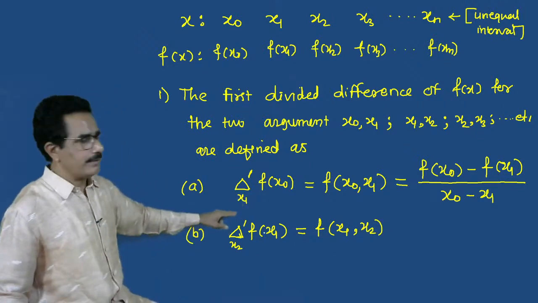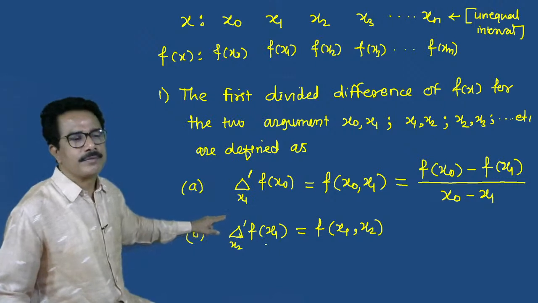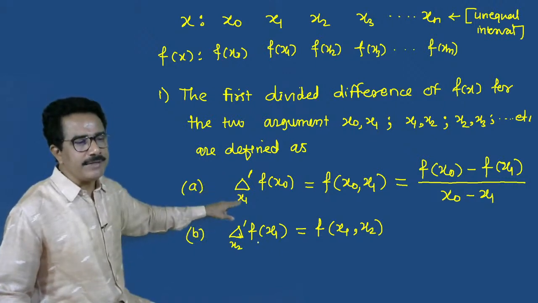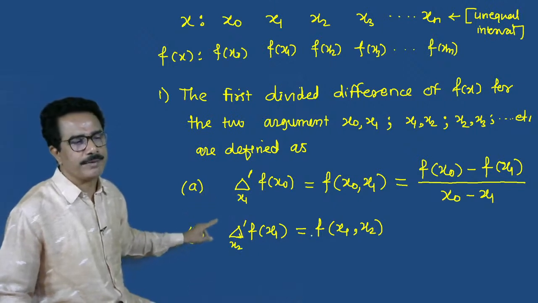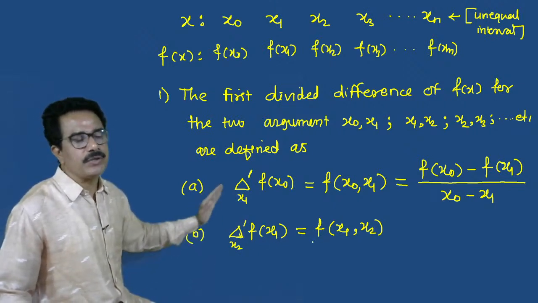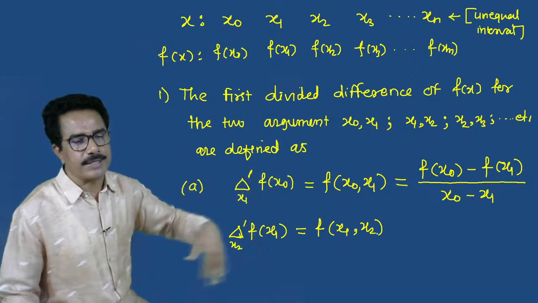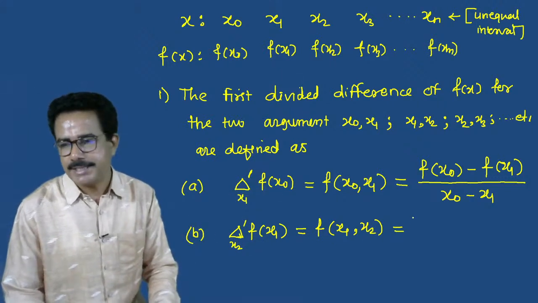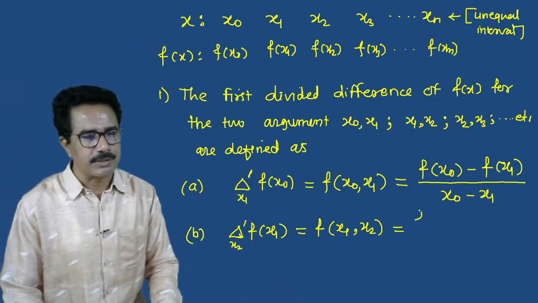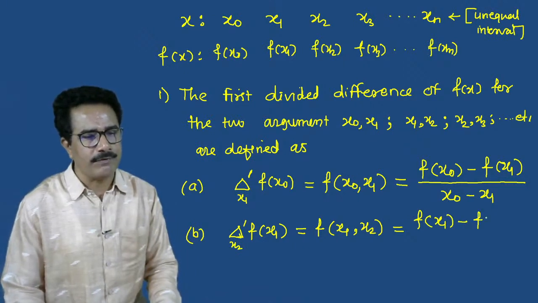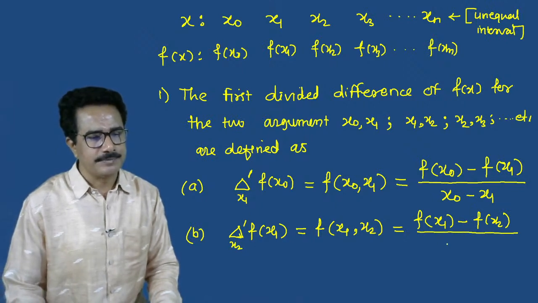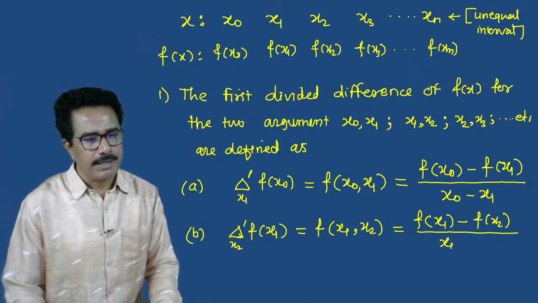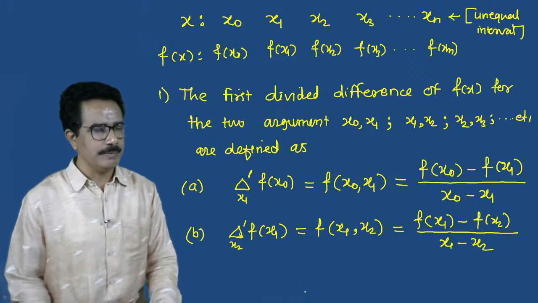See this, first order divided difference of f of x1 over x2, which is also denoted by f of x1 comma x2, and which is defined as, how do we have to define this, students, f of x1 minus f of x2 divided by x1 minus x2.